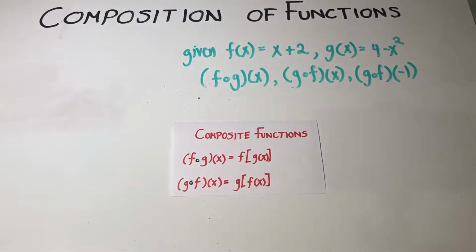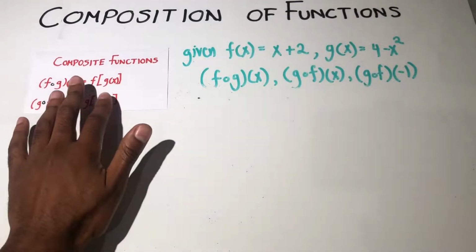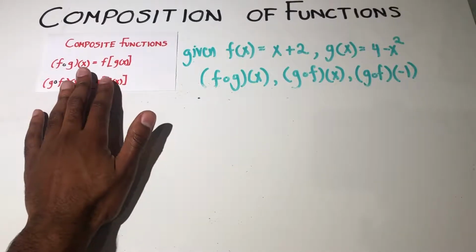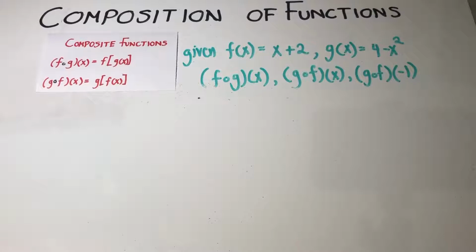Now this may sound a little bit confusing, but we're just going to jump right ahead and do this example in front of us. And I'll leave this here as a reference. You can look at it at any time during this video. So let's go ahead and do the first example.